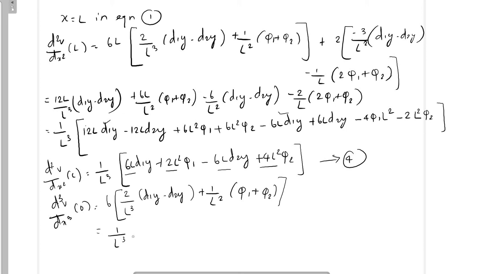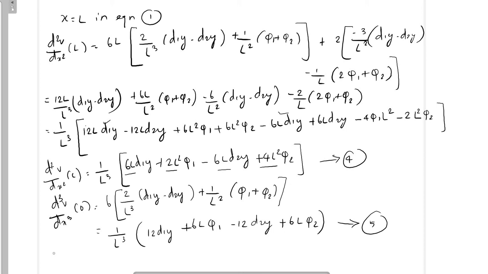You take 1 by L cube outside: 12 d1y, next the pi 1 value. It is 1 by L square pi 1, so multiply it with the L value: 6 multiplied with L multiplied with pi 1. Next minus 12 d2y, next the pi 2 term plus 6L pi 2. So this is equation number 5.